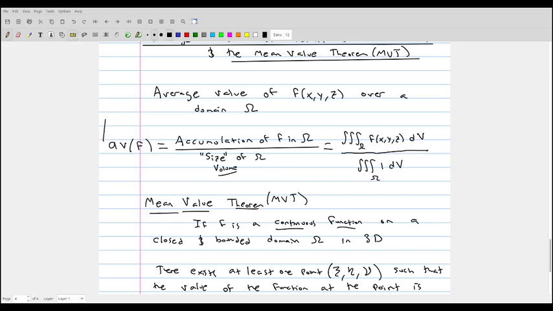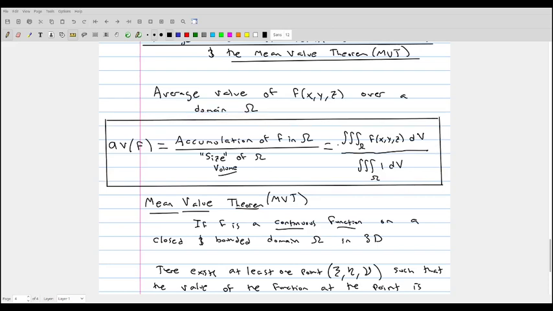It just involves calculating a triple integral and calculating a volume, so two separate triple integrals. There's a triple integral of the function f in the numerator, and the triple integral of the function 1 over the region omega. But if you can do that, you can calculate the average value of a function on any given region.